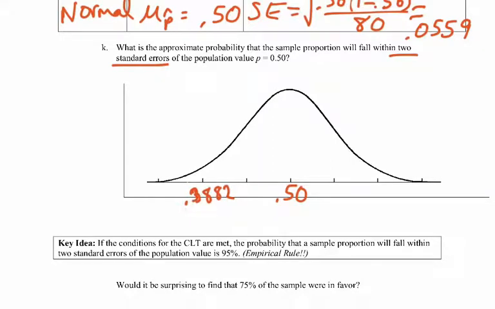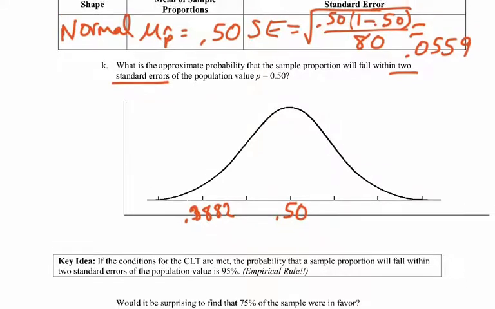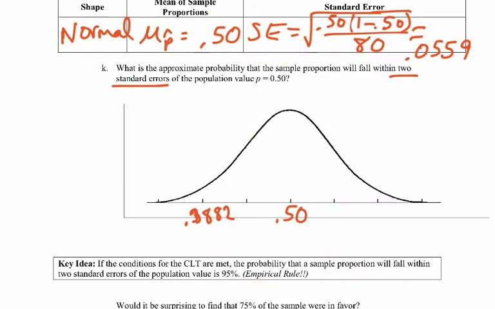Make sure you see how I'm getting that. If I take my 50% in the middle, 0.50, and I subtract 1 standard deviation, let me get my calculator out.